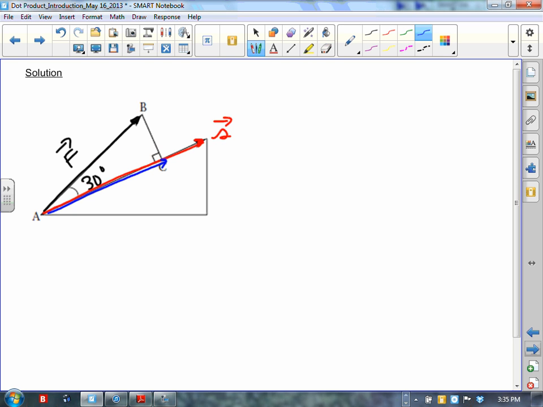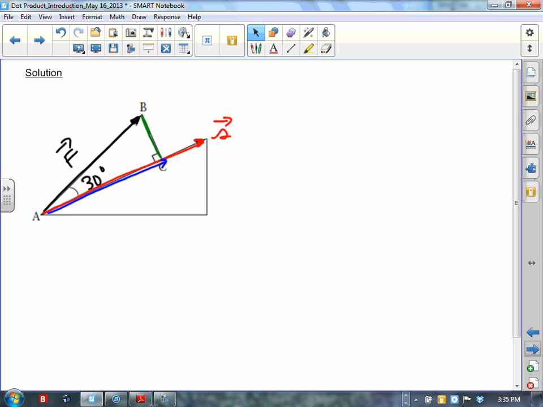So we're going to consider a calculation that involves this triangle. Here's a perpendicular being drawn from point B to C. Triangles are very critical in a lot of the math we're doing with vectors because of the trigonometry that's necessary. So let's move forward and do a calculation.